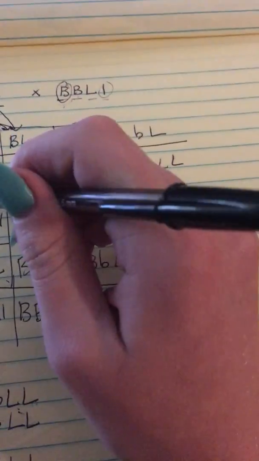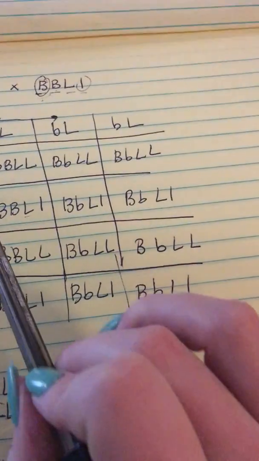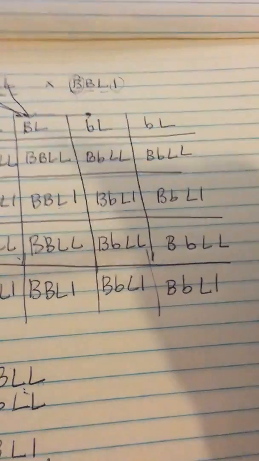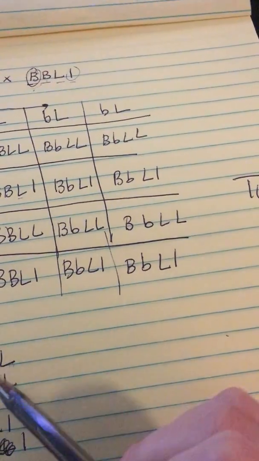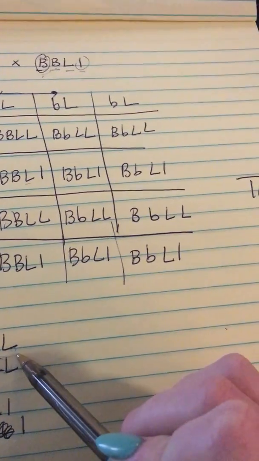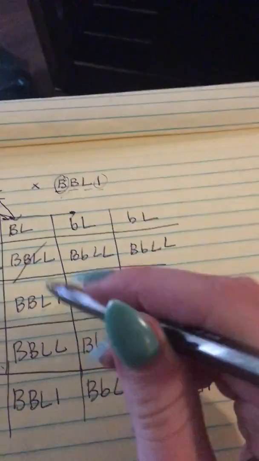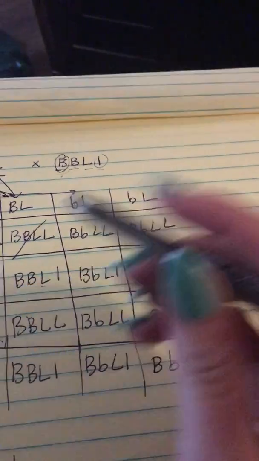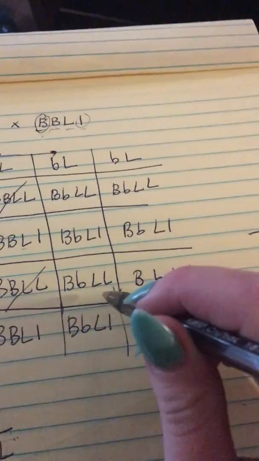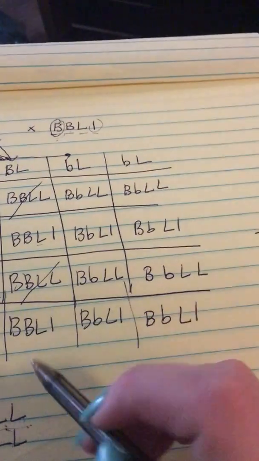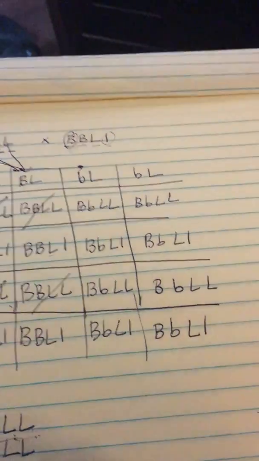So big B, each of these squares, right? We have 1, 2, 3, 4 by 4. This is gonna be out of 16. So how many of our boxes are big B, big B, big L, big L? 1, 2, 3, 4.